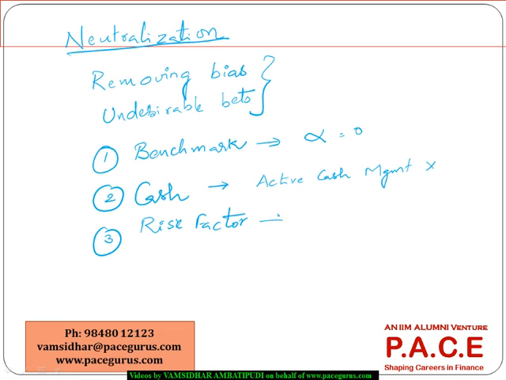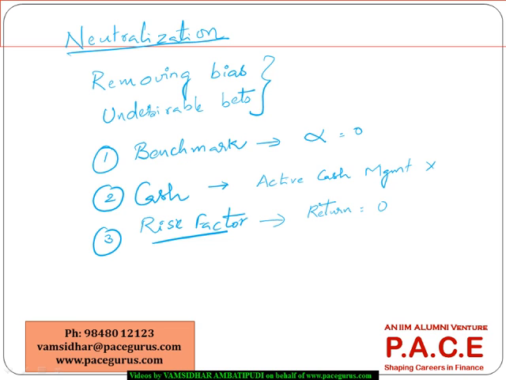Similarly, when I talk about risk factor neutralization, whatever the return associated with a particular risk factor, that is made equal to 0. So there is no value addition by taking a specific risk. That is what we call risk factor based neutralization.